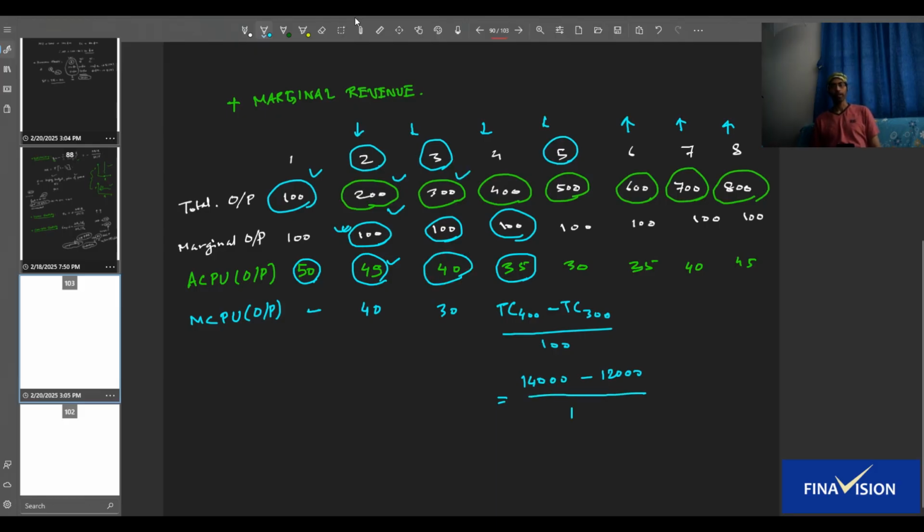So this is divided by 100, and this becomes 20. So the marginal cost at option 4 is 20. Let me write it in the row.